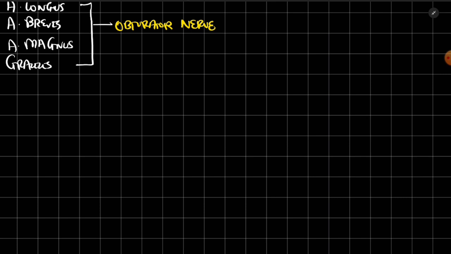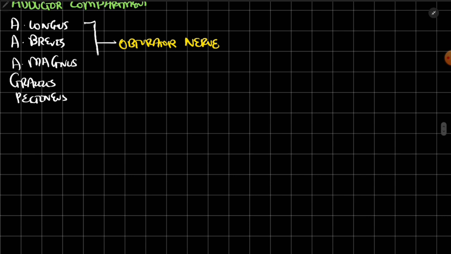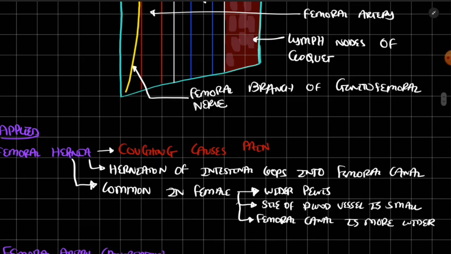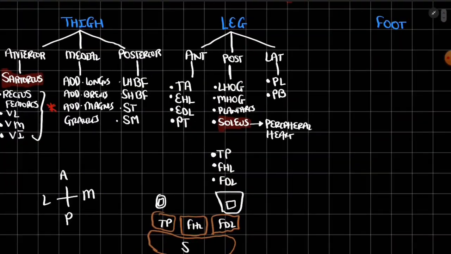They come a little in the adductor compartment, but they are deeper muscles. These are the muscles we can see. Also pectineus. The obturator nerve supplies these muscles. Let me add pectineus, I forgot it.